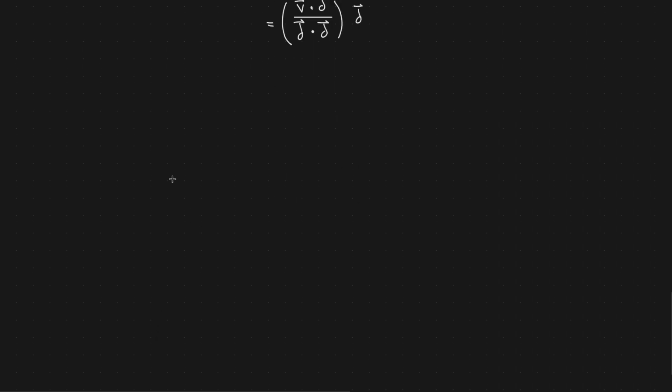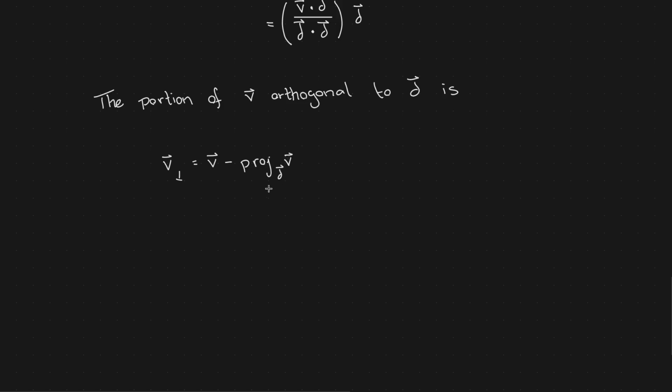So finally, the portion of vector v orthogonal to vector d is, this is our v perp, and we want to end up at v and start at the projection vector, projection of v onto d. And so that's how we can find that v perp, the portion of v orthogonal to vector d.